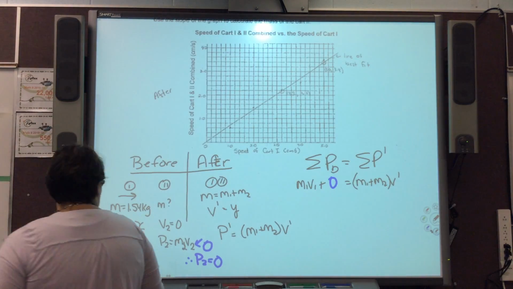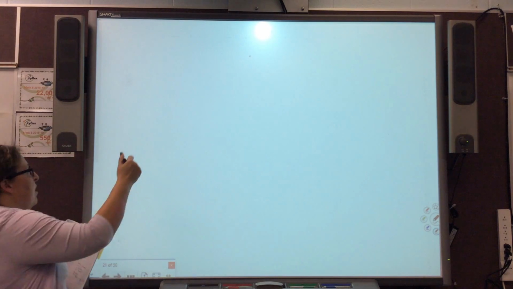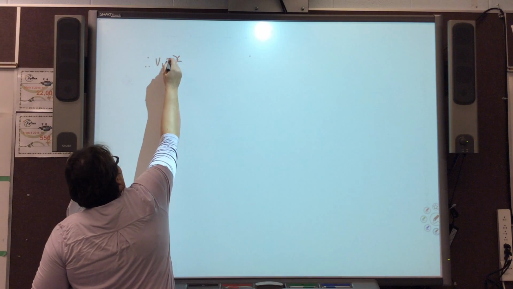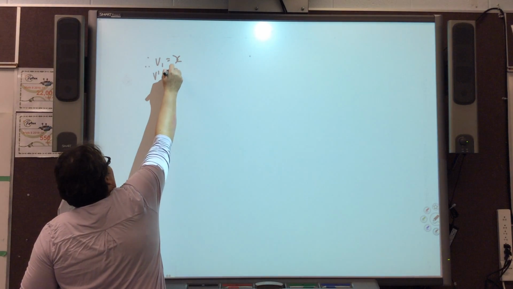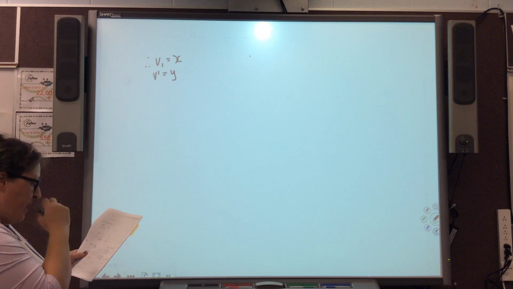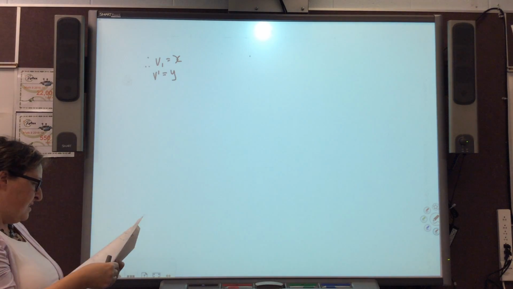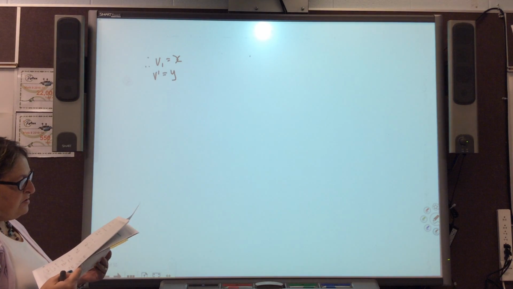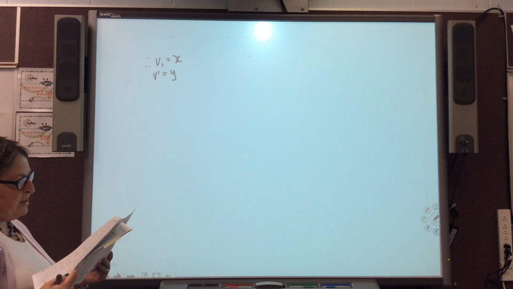Alright, blank page. Carrying on. So, we know, okay? And it's asking us to use the slope of the graph to calculate the mass.